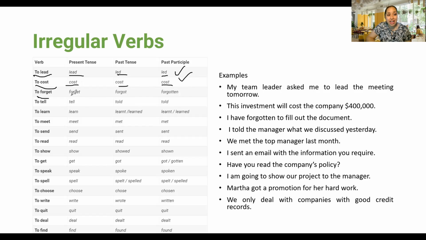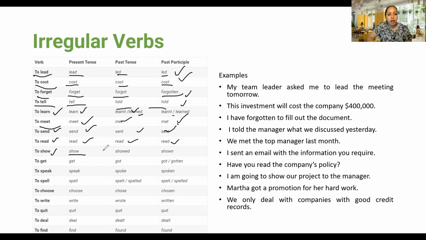But then to forget, forgotten. To tell, told. We need to study them to understand what they mean. To learn, learned, and learned. To meet, met. To send, sent. Read, read, and read.